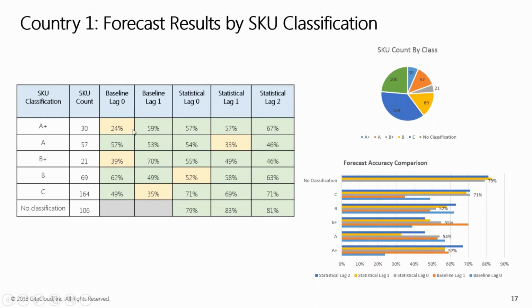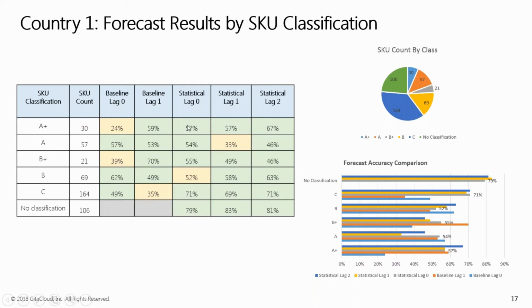In each of these rows, we highlighted the one that gave the lowest value of the forecast accuracy. So in this case, for A plus, it was baseline lag 0. For A, it was the statistical lag 1 method that we used. And for B plus, it is baseline lag 0 from Dabur, like that.